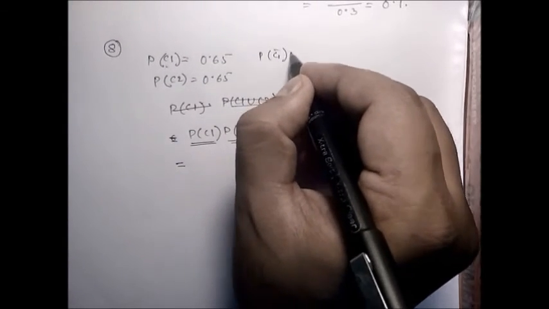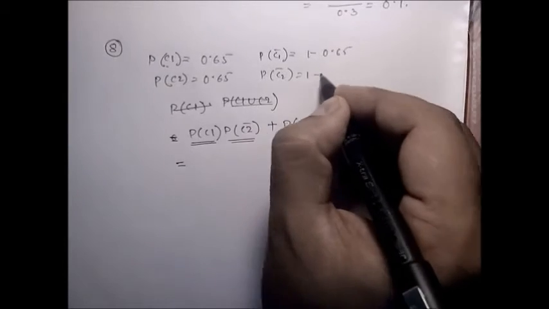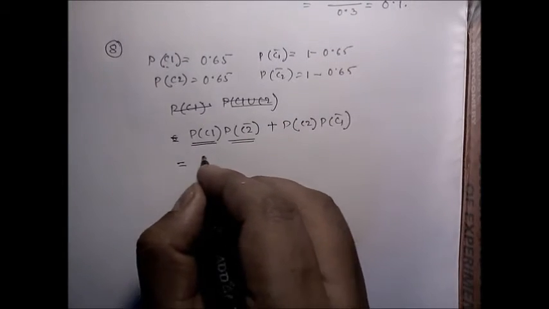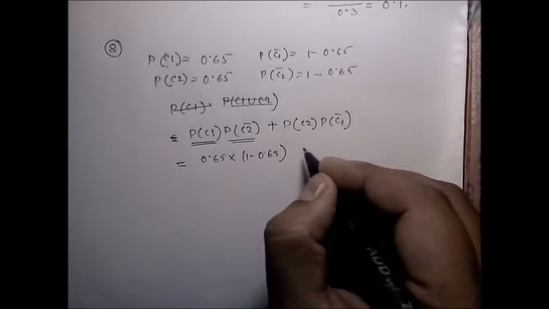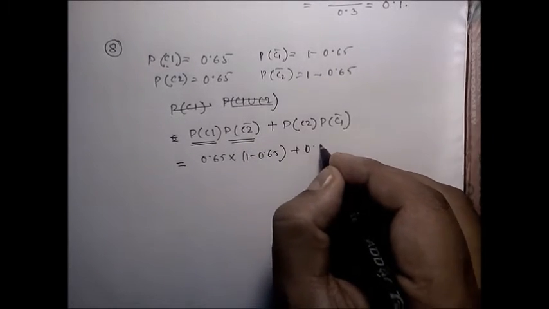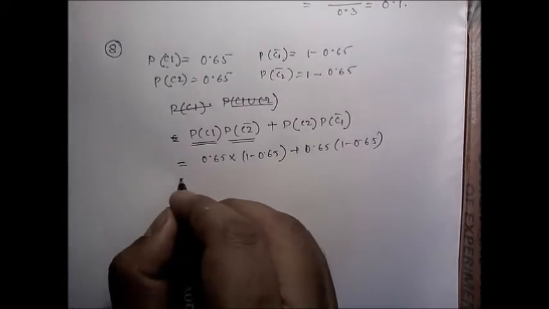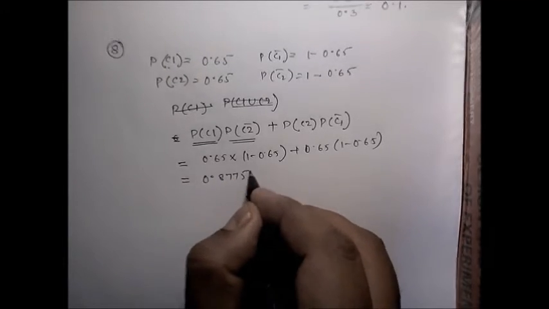Probability of C1 bar is equal to 1 minus 0.65. Probability of C2 bar is equal to what? 1 minus 0.65. So the answer is 0.65 into (1 minus 0.65) plus 0.65 into (1 minus 0.65). The final answer is 0.8775.